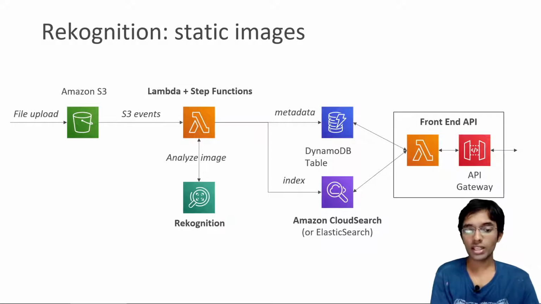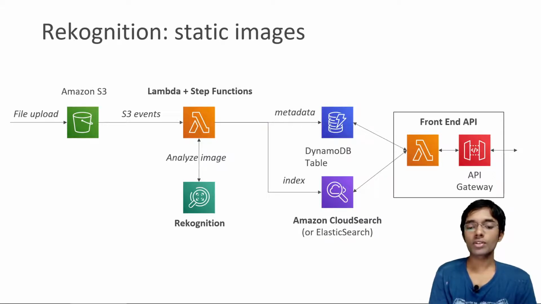Using this Lambda function, we would analyze the image by invoking the Rekognition service and get the output of Rekognition. And finally, we get the metadata and write it into a DynamoDB table. This could include the emotions, the objects, the people in it, and we could also use CloudSearch, as we saw before, or Elasticsearch to index that data.